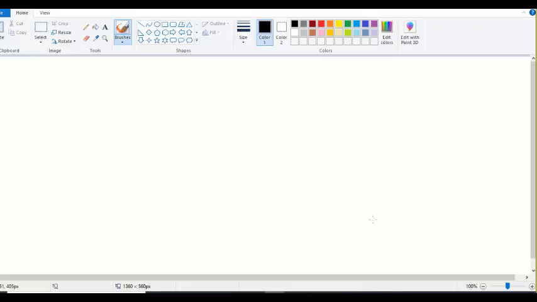Some of the show commands that we should know in MPLS is show MPLS LDP neighbor.